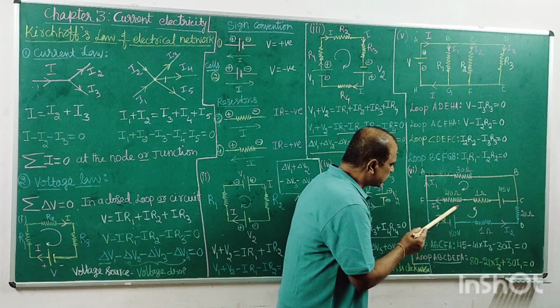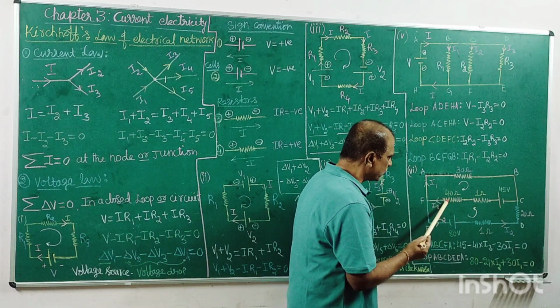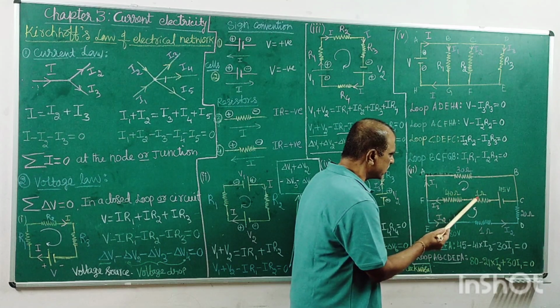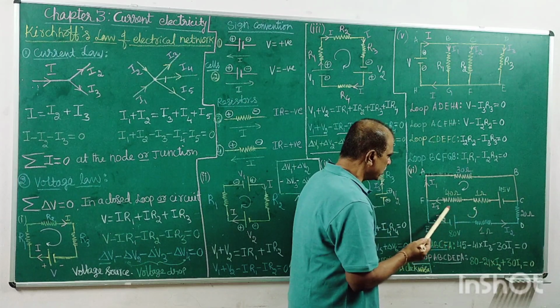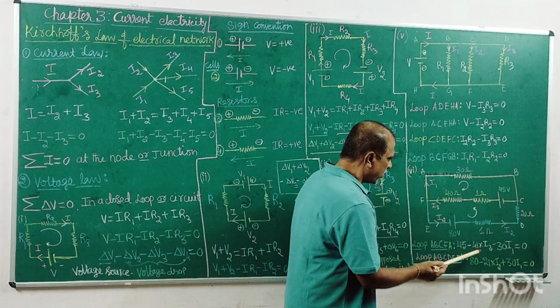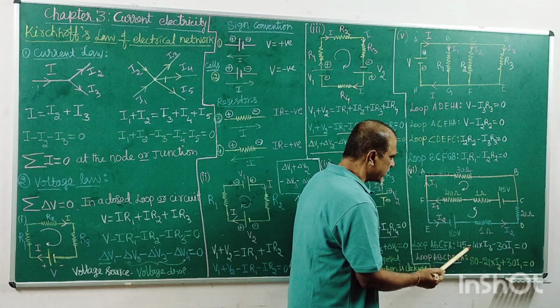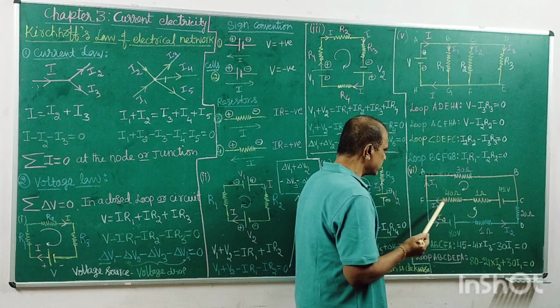For these two resistors, the resistance is 1 ohm and 40 ohm. So they are in series, you can combine them. Total is 41 resistance. And the current flowing through is I3. 41 into I3 is the voltage drop. What is the sign? Minus, because it is the direction of the current. This is positive, this is minus.